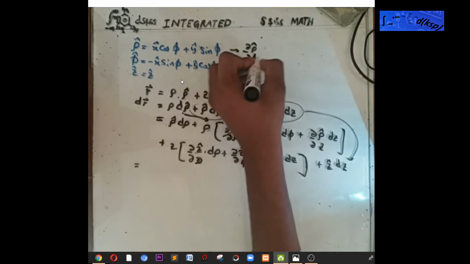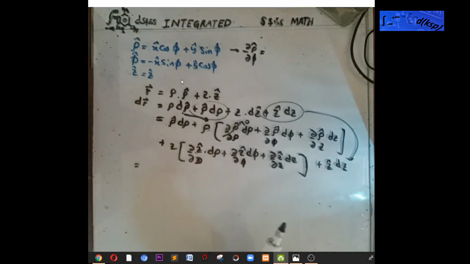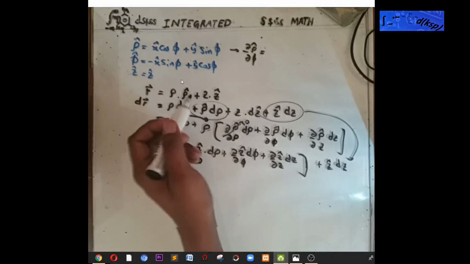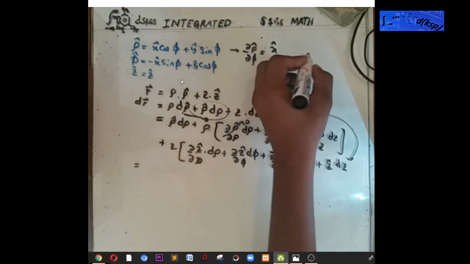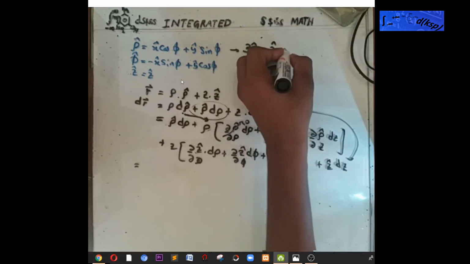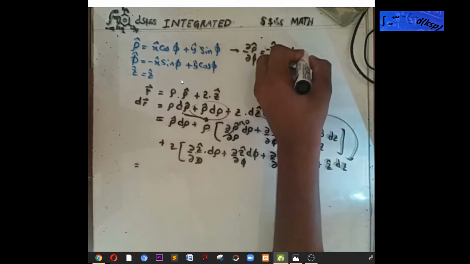When we are going to deal with the Jacobian matrix, we have already found this; I just recall all these things. When I'm going to derive this, I need to do all these things. So this would be minus x hat sine phi plus y hat cos phi.